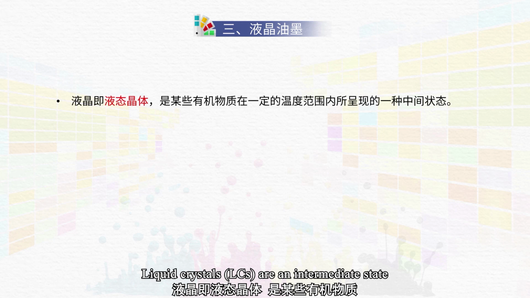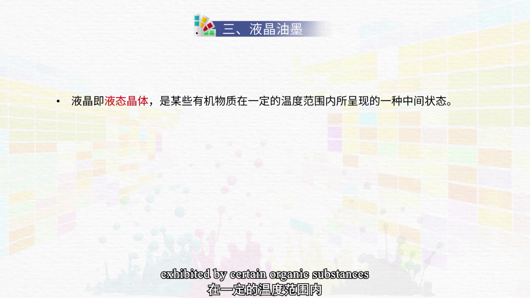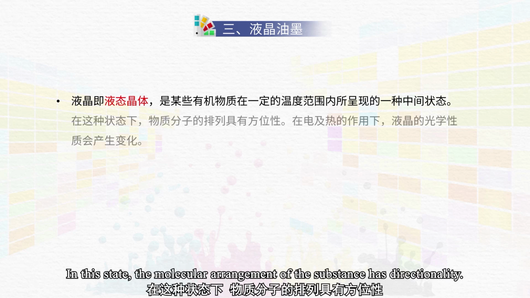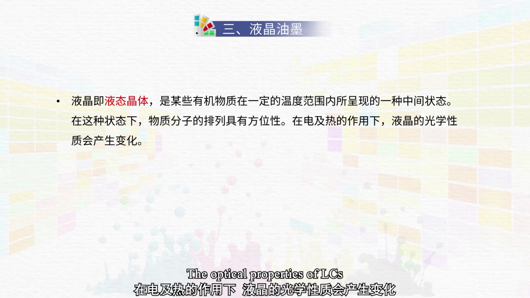Liquid crystal inks. Liquid crystals, LCs, are an intermediate state, exhibited by certain organic substances within a specific temperature range. In this state, the molecular arrangement of the substance has directionality. The optical properties of LCs change under the action of electricity and heat.